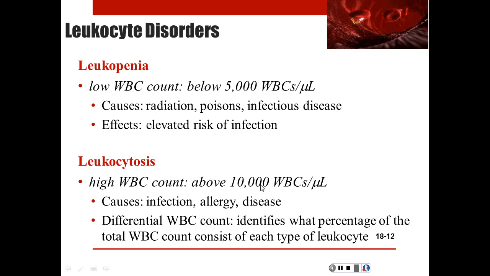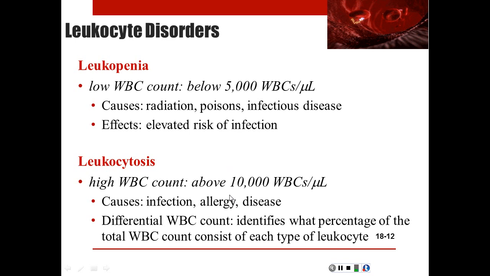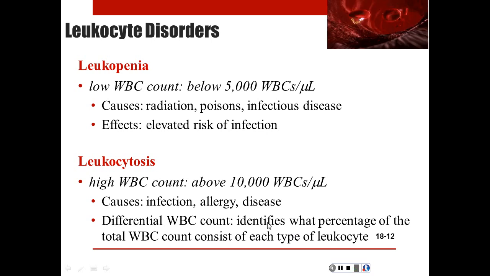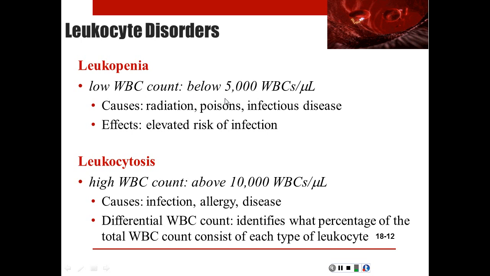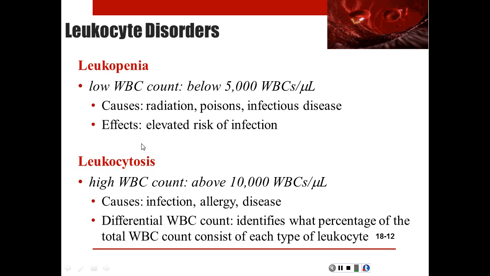Okay. We have leukocyte disorders. They include counts that are too high or too low, as well as cancer of lymphatic tissue. A total white blood count of less than the normal range of 5,000 to 10,000 white blood cells per microliter is called leukopenia. So someone having a white blood count less than 5,000 is considered to have leukopenia, and it can result in an elevated risk of infection and cancer.